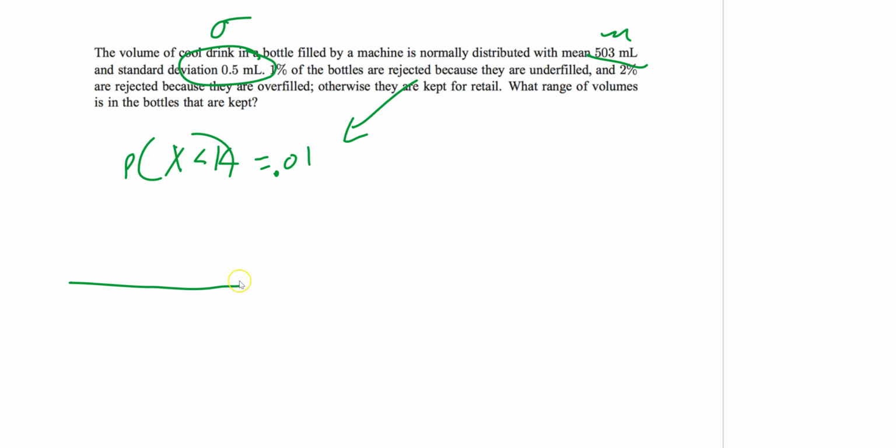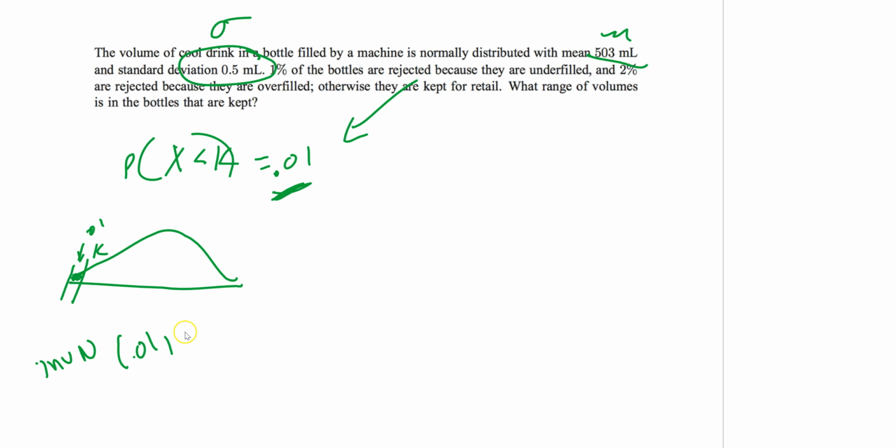So if I draw this, notice it's underfilled, so it's on the left-hand side. It's only 1%, so it's something really small like this. That's my 0.01, and here's my K. And that's what I'm trying to find. I'm trying to find out what value it's underfilled at. So remember, if you have the percentage, the probability, you do invert normal. Invert normal 0.01.